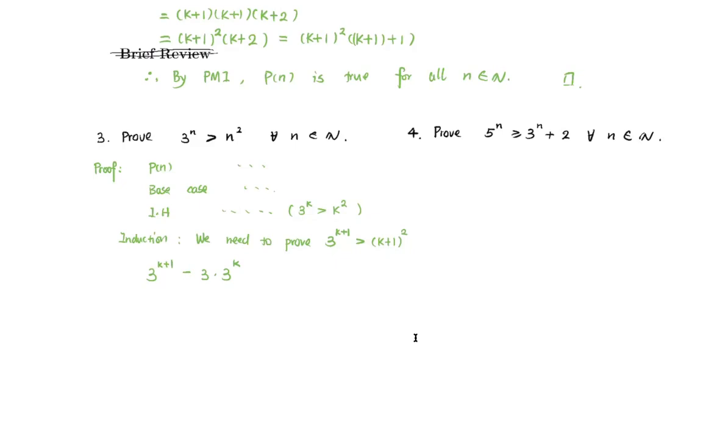So now we can apply our IH. We know 3 to the k is greater than k squared, and we know this equals this, which means this is greater than 3 times k squared by IH. Do you guys agree with me? Any questions so far?